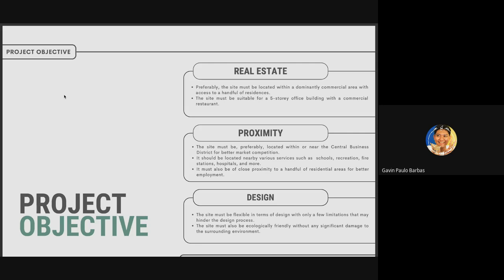The site must be flexible in terms of design, with only a few limitations. It shouldn't be too difficult to deal with in building the actual design or in the design process. The site must also be environmentally friendly, so that when you start construction work on this site, it wouldn't be too damaging to the surrounding environment.